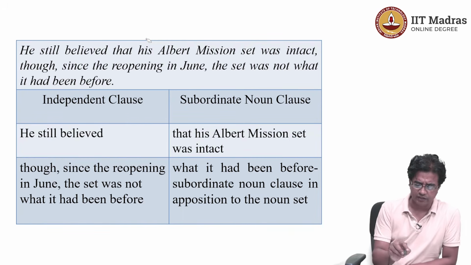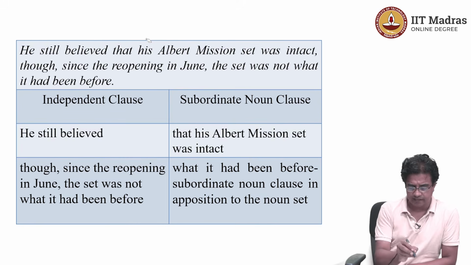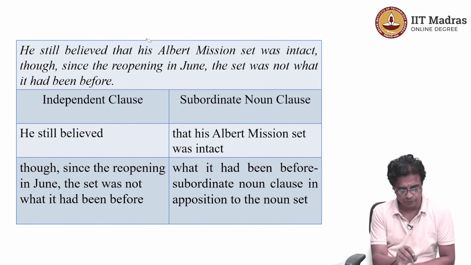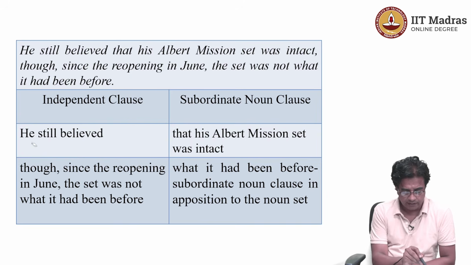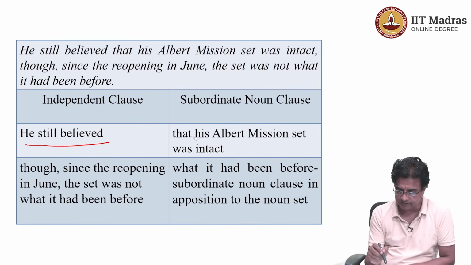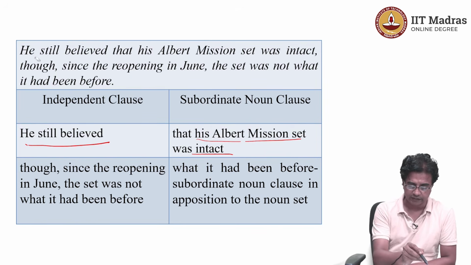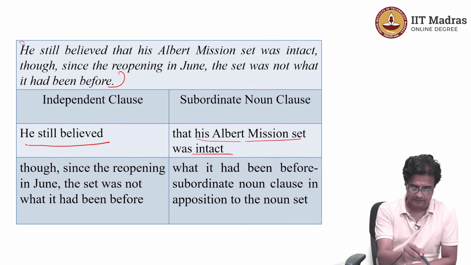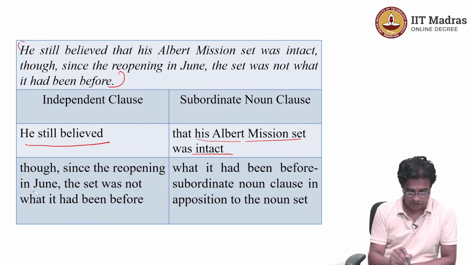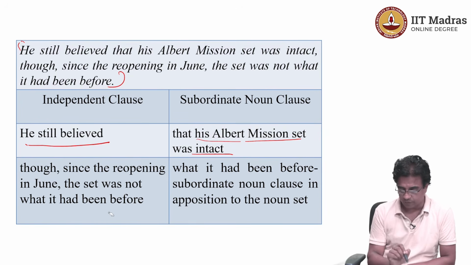So, in the previous paragraph, you would see: he still believed, main clause; that his Albert Mission School was intact, subordinate clause. So, look at this whole sentence: though since the reopening in June, the set was not what it had been before.